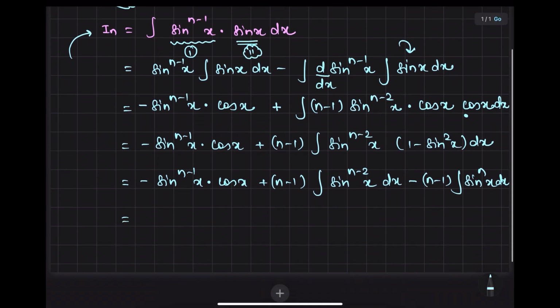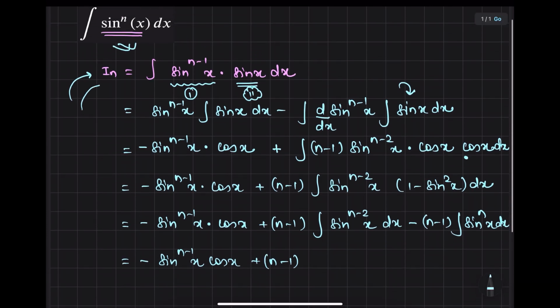Now let's rewrite it again. Sine n minus 1 x cos x plus n minus 1. Now look at this: we wrote I n if the power of sine is n. So here the power is n minus 2, so can I write this thing as I of n minus 2? Now minus of n minus 1, and this thing will behave as I n.